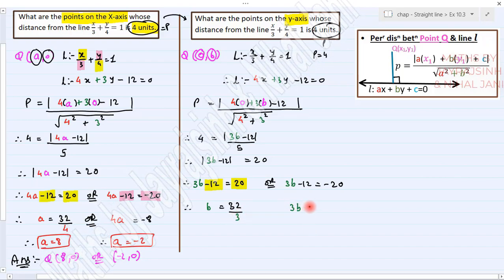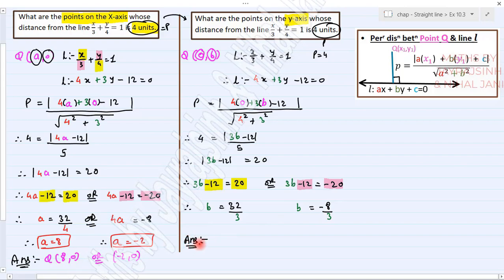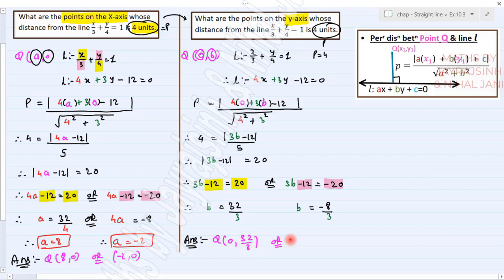Similarly, in the second case you have to take minus 20 plus 12, or we can say minus 8, which will give us b is equal to minus 8 by 3. So your required point q is nothing but (0, 32 by 3) or (0, minus 8 by 3).